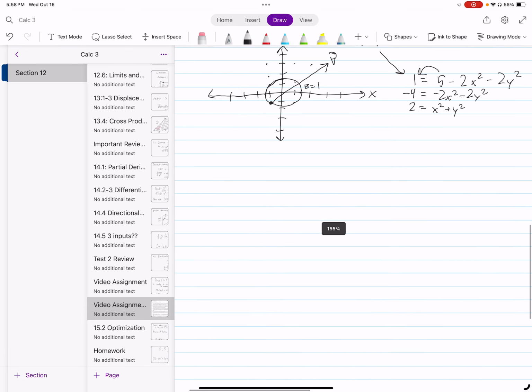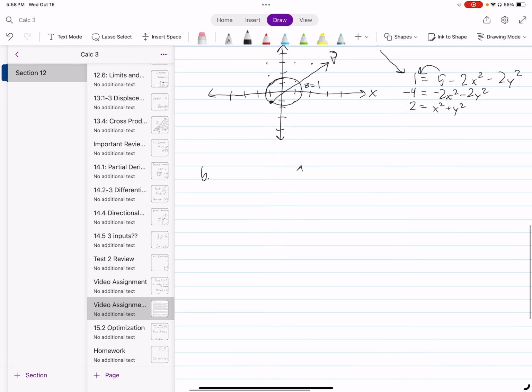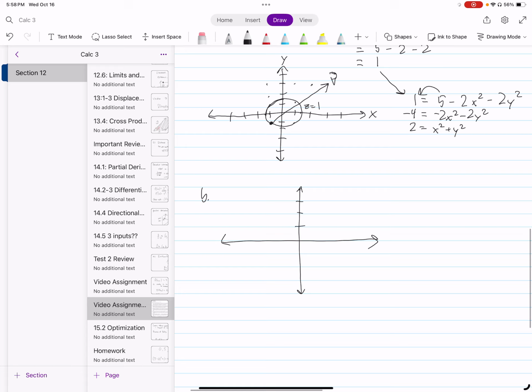So we will go down here. 1, 2, 3, 4. 1, 2, 3, 4. Label. So we already have this one curve with the radius equaling square root of 2.